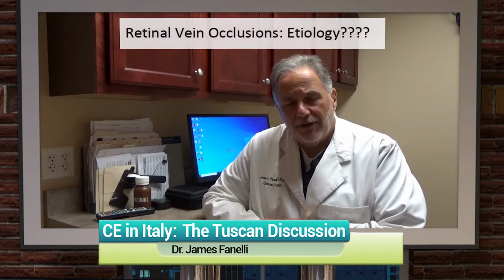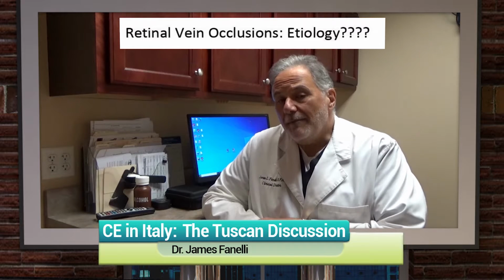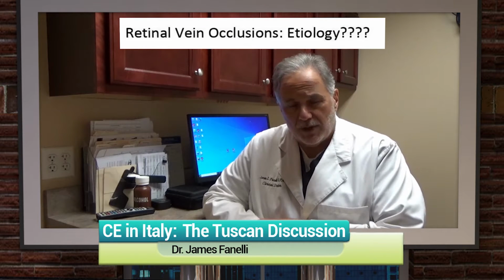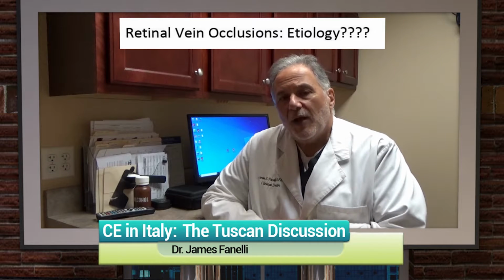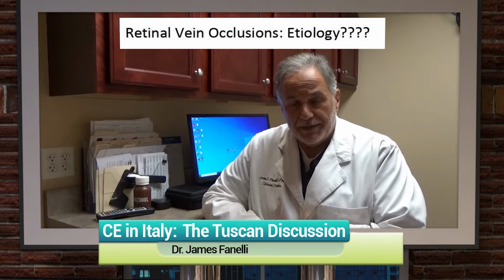But all retinal vein occlusions have similar characteristics insofar as the etiology. And as you also know, they are a manifestation invariably of some type of systemic disorder. And it is incumbent upon us to find out what the cause of that systemic disorder is.